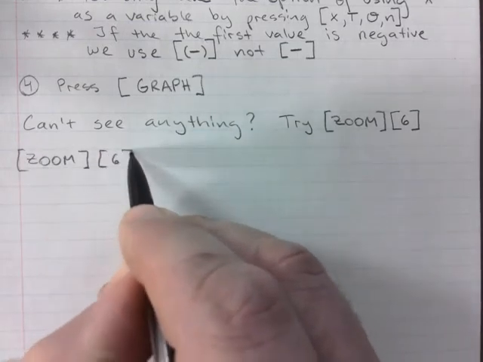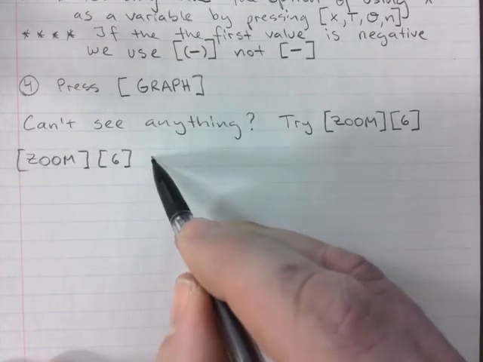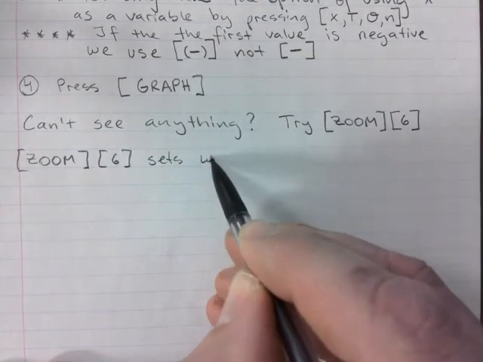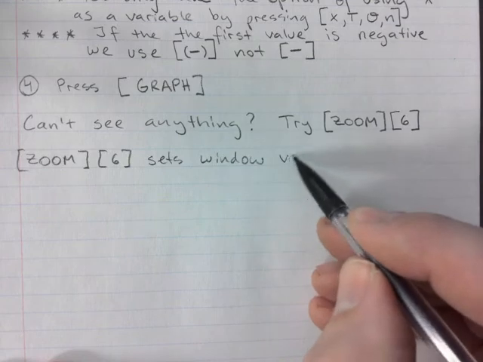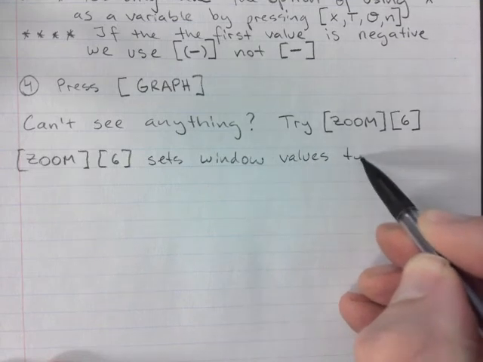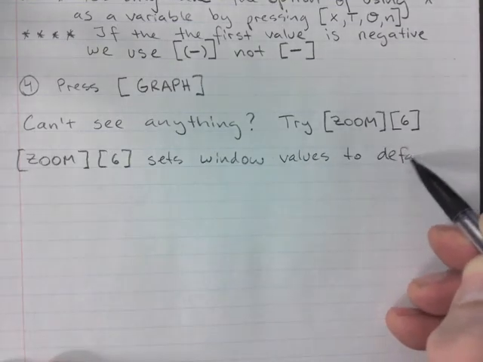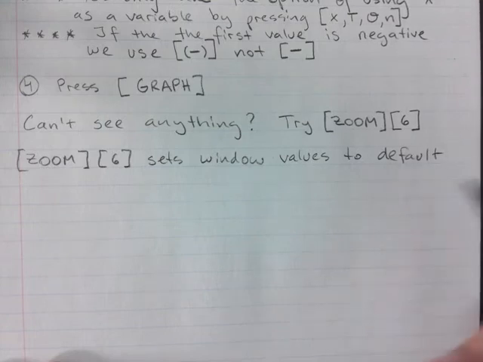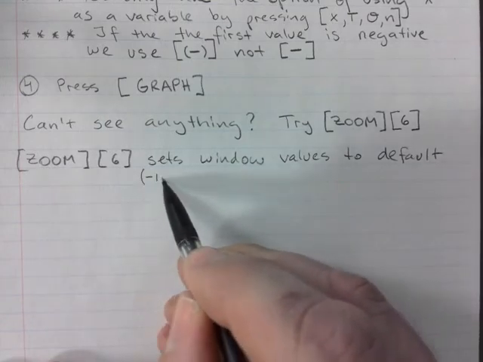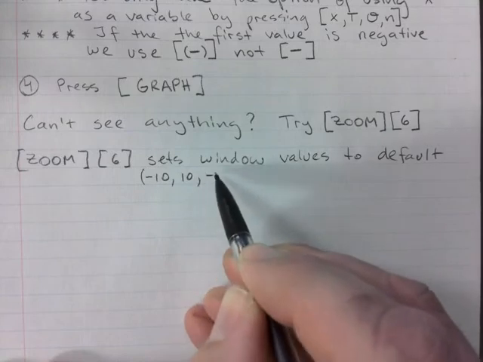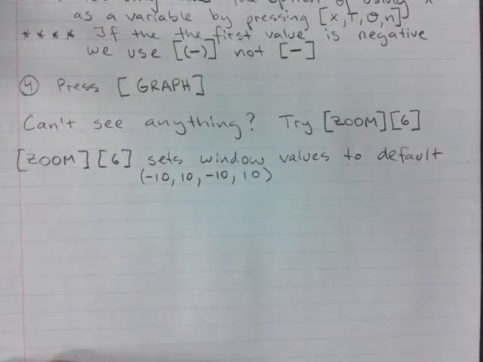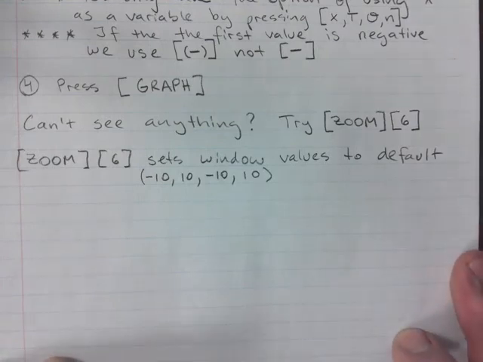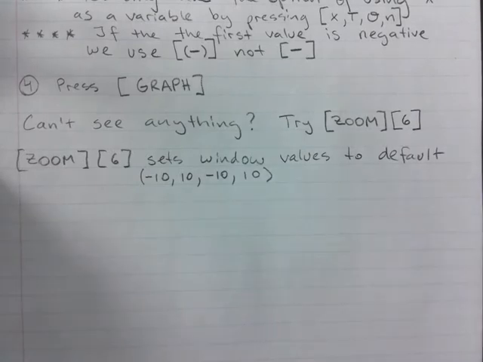Zoom 6 sets window values to default, which is -10, 10, -10, 10. Right now that means nothing to you, but when you read this again, it will, because I will show you what the window does.